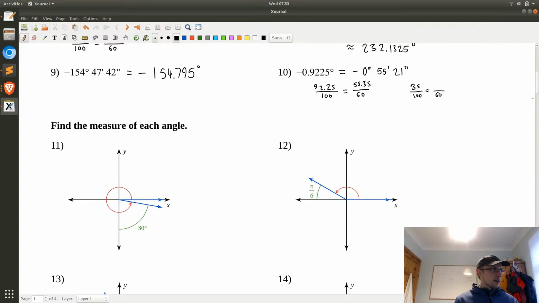Now, we have to find the measure of each angle. Okay, so I believe that represents a 350 degree angle. I believe, but let's check.